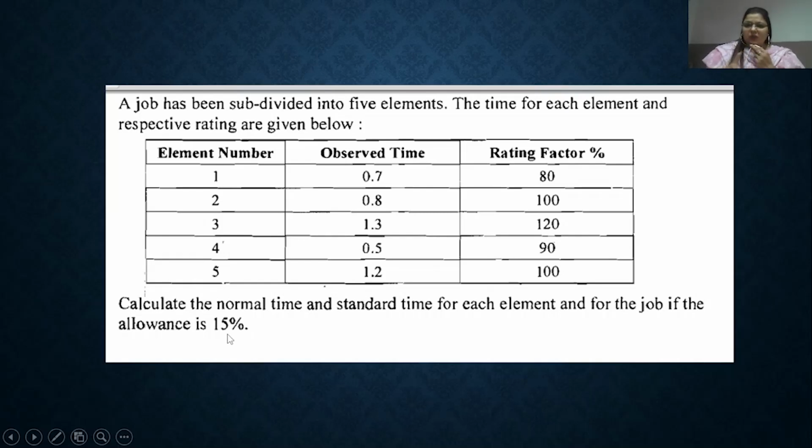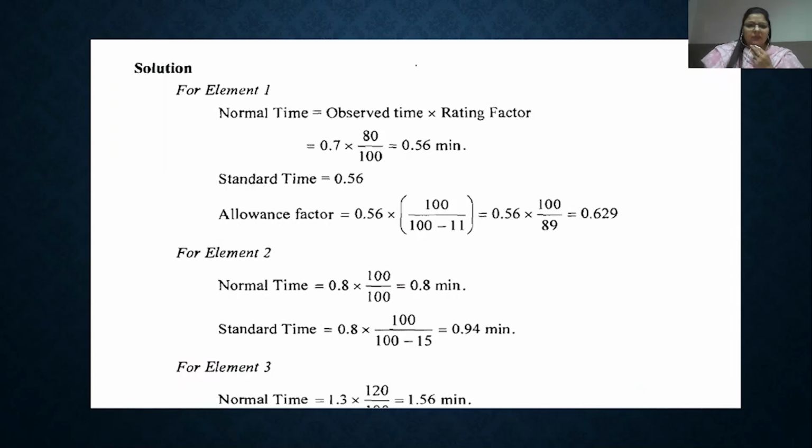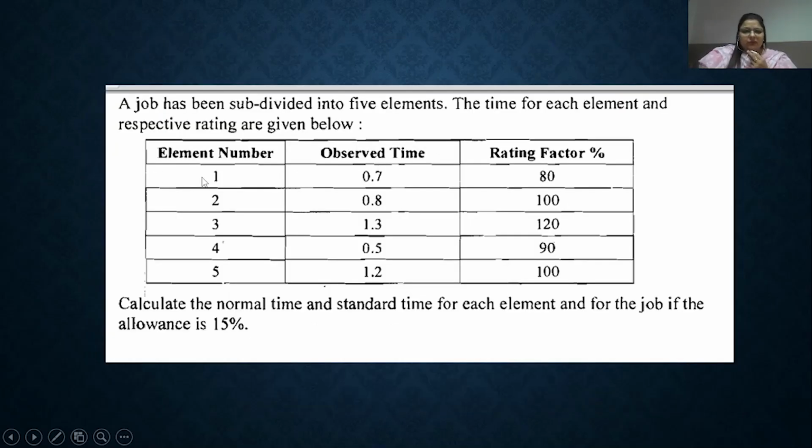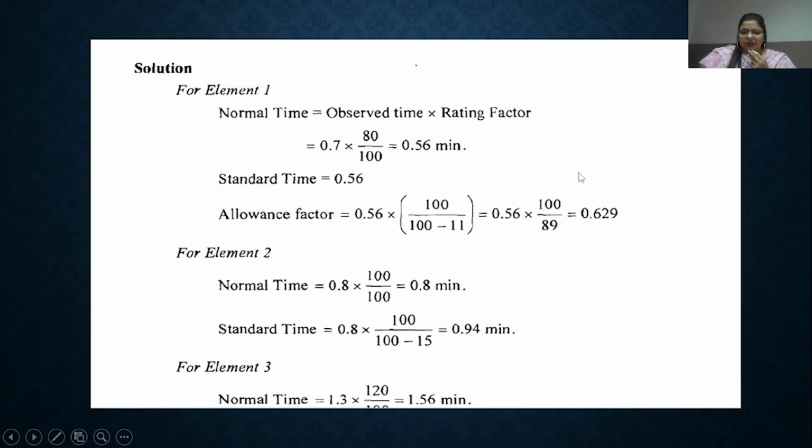Okay, if the allowance is given as 15% for each and every element, how can you calculate the normal time and standard time? Let's see. For element 1, the observed time is 0.7 and the rating factor is 80.